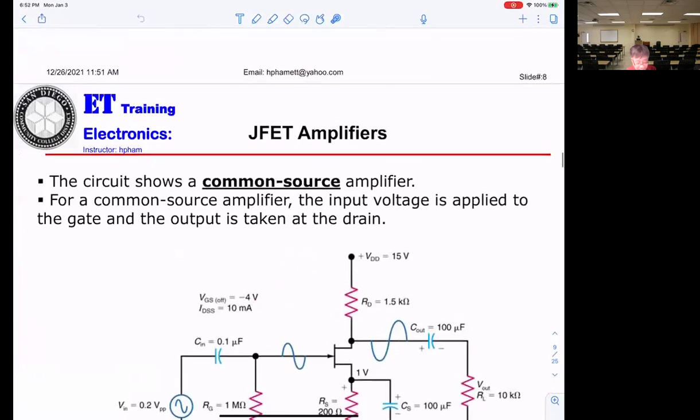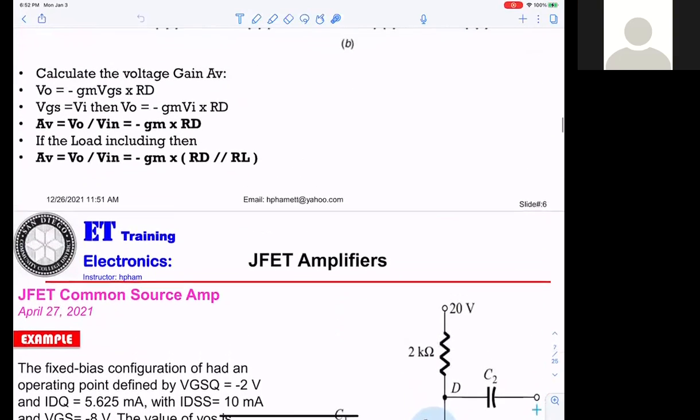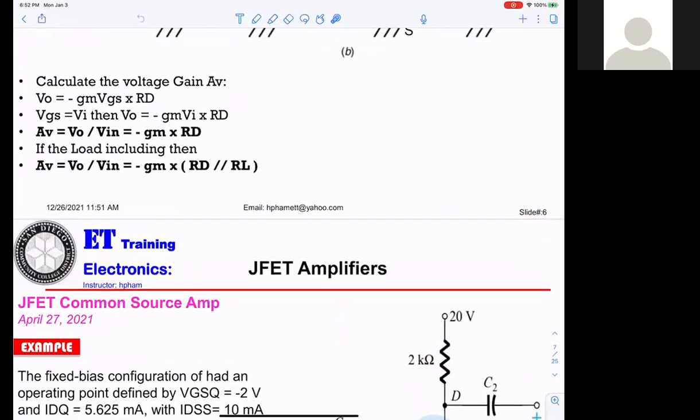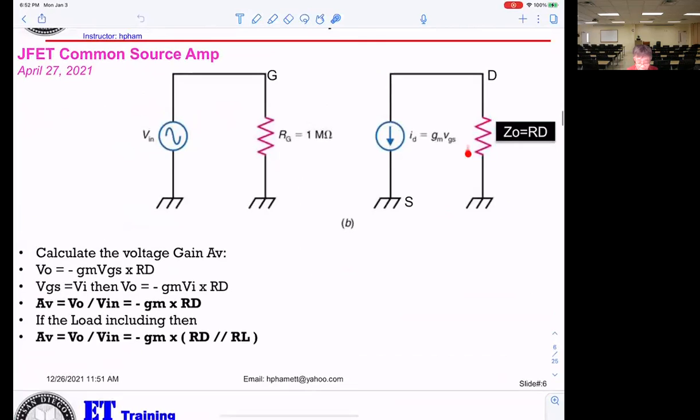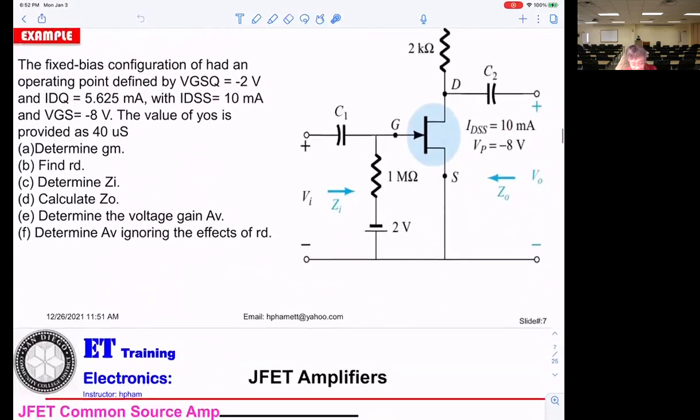So the gain now will be different. The gain will be equal minus GM times R out. This is just applied for the circuitry they give you right here, R out only equals RD. If R out equals the combination of RD and R load, then you have to calculate the equivalent. Okay? Okay, thank you.